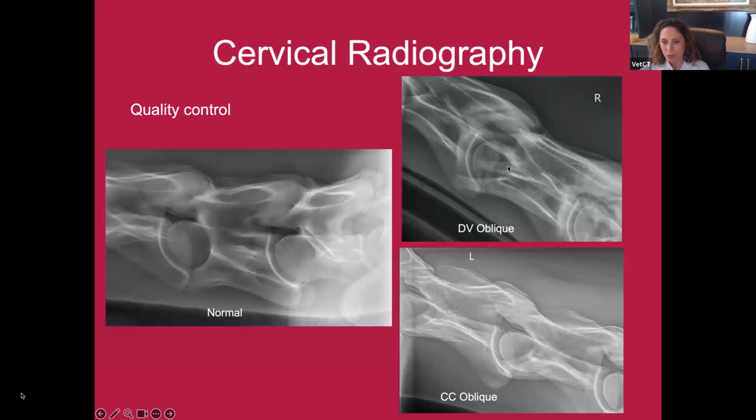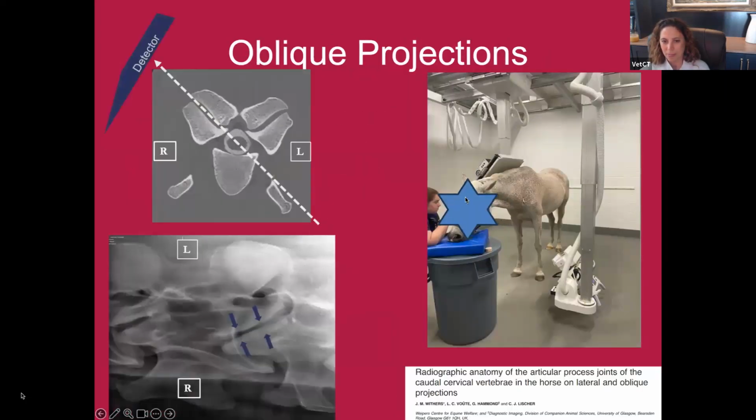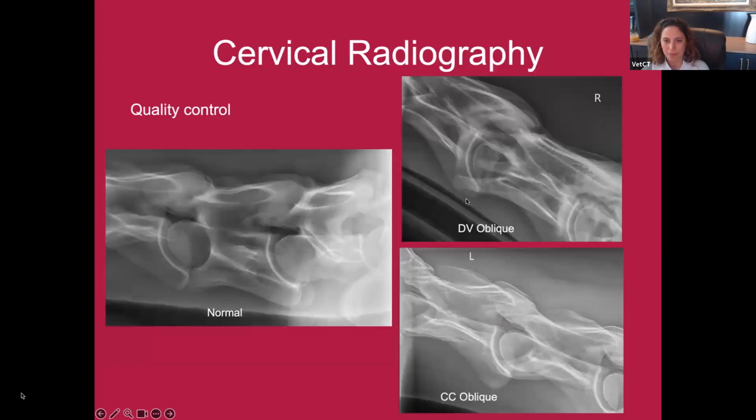This one is too oblique. I can see one transverse process up here and the other down here, so they're separated. A little bit too much. That means your x-ray beam is either pointing down or pointing up rather than being horizontally positioned at the neck.